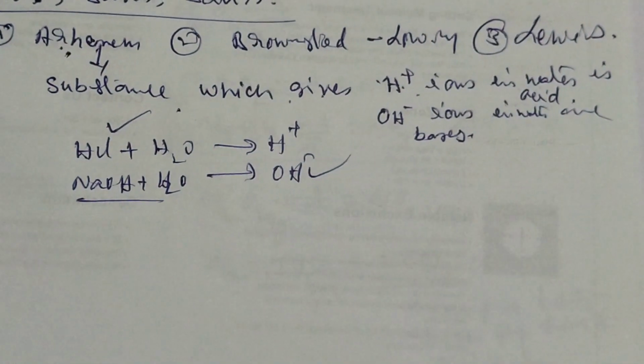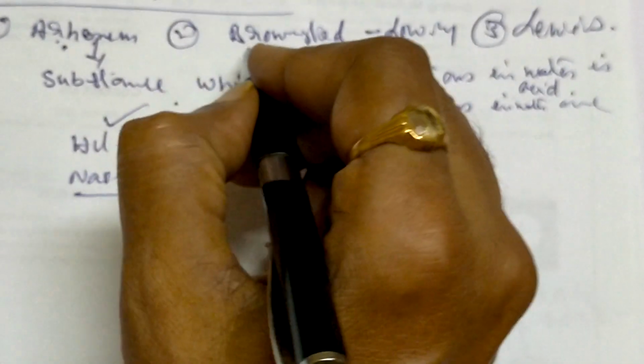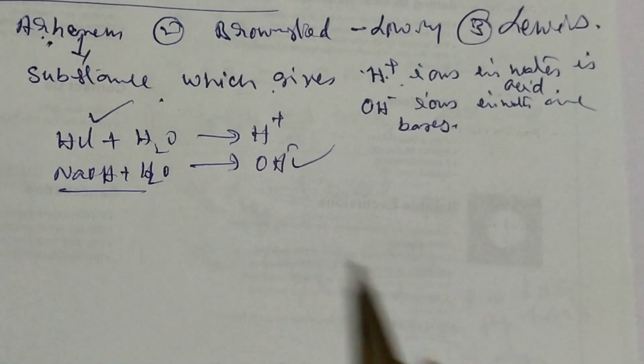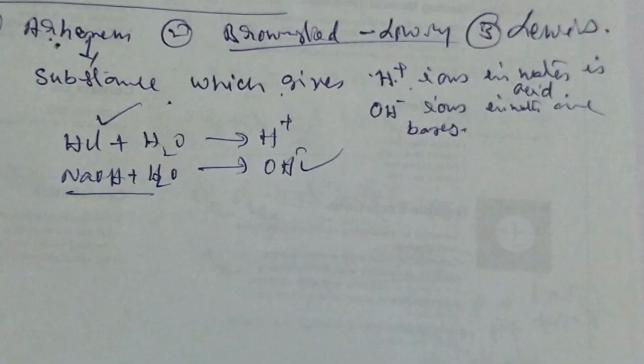So a further theory was developed. Arrhenius was not able to explain whether ammonia is a base or an acid. So the Bronsted theory came.